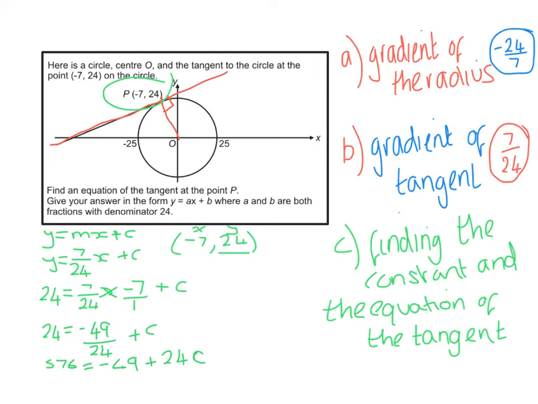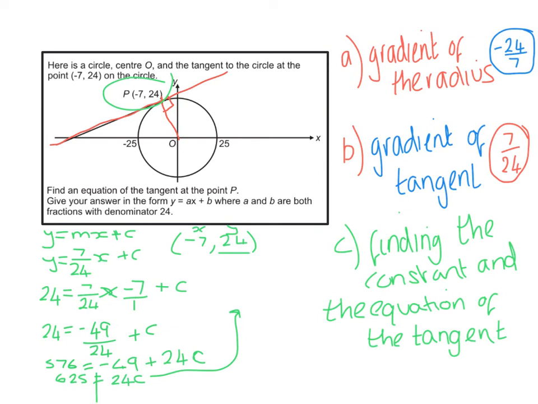So now I just want to know what c is, so I need to add 49 to both sides. I get 625 is equal to 24c. I'm just going to do a little arrow here because I'm running out of room. I want to just know what c is, so let's just copy that out again.